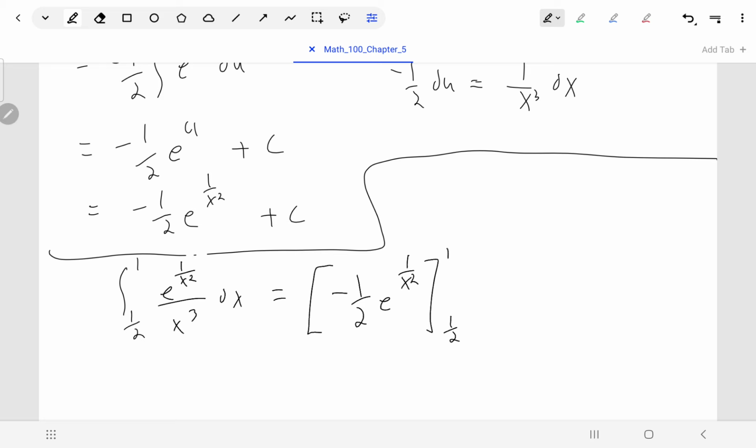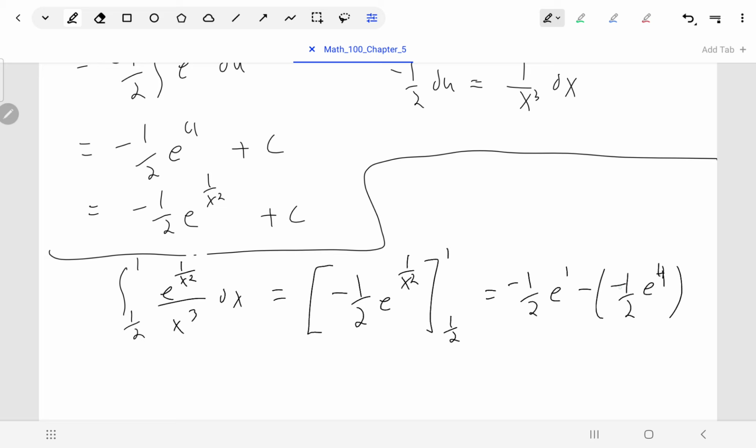And if I did that, evaluating at 1 would give me negative 1/2 e to the 1 over 1 squared, minus evaluating at half, which would be minus negative 1/2 e to the 1 over 1/2 squared, which is 1 over 1/4, which is 4.